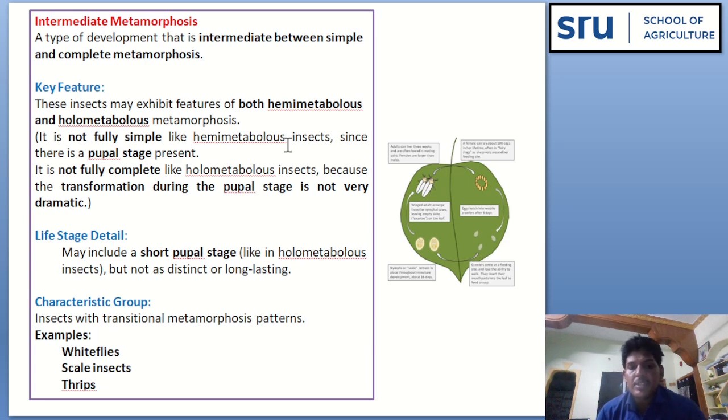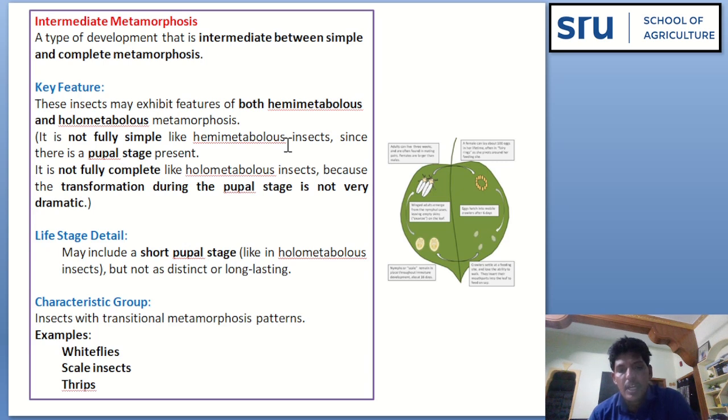At the same time, it is not fully complete like holometabolous insects because the transformation during the pupal stage is not very dramatic. Therefore, this is intermediate between simple and complete metamorphosis. It may include a short pupal stage like a holometabolous insect, but not as distinct or long-lasting as in holometabolous insects.